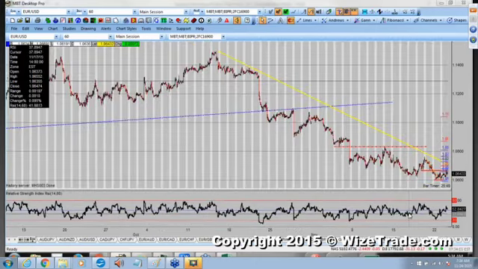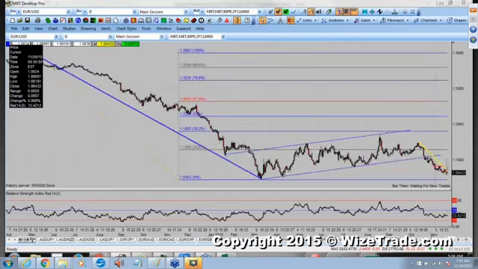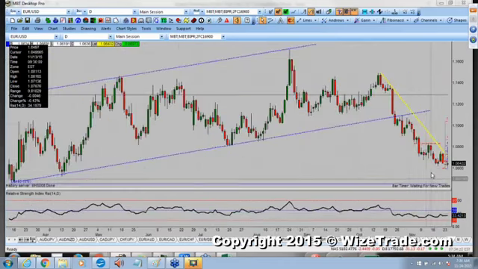The only thing that I would caution you here is that we are probably getting fairly oversold, and you're starting to see that relative strength diverge. So that risk is starting to increase of a potential snapback.